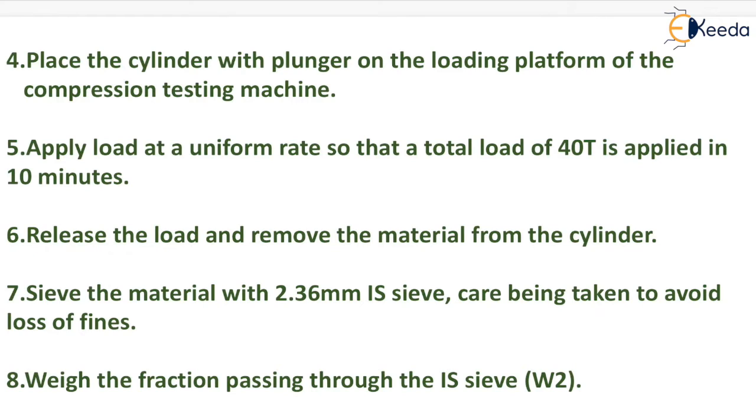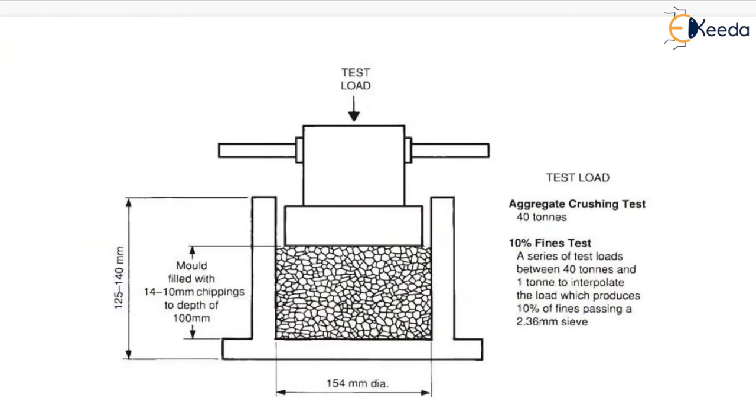Release the load and remove the material from the cylinder. Sieve the material with 2.36 mm IS sieve, care being taken to avoid loss of fines. Weigh the fraction passing through the IS sieve and let it be W2. This is the apparatus of the aggregate crushing test.